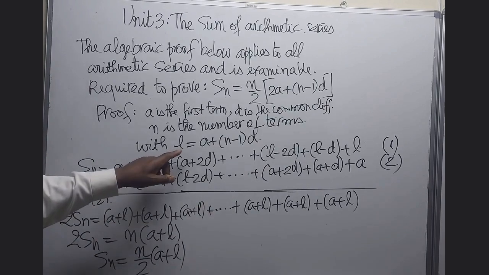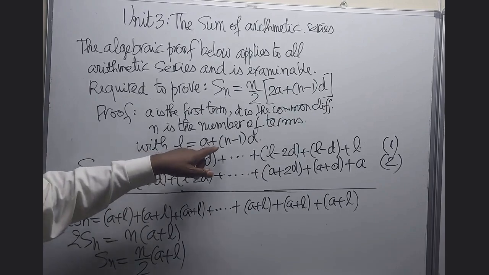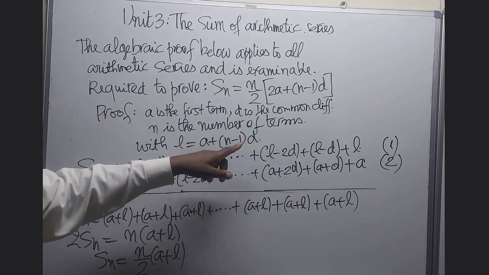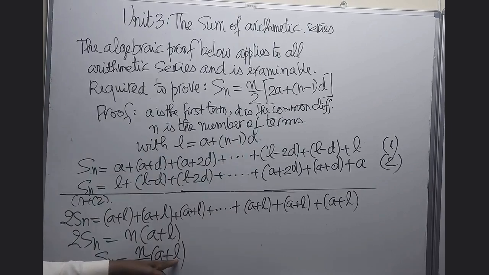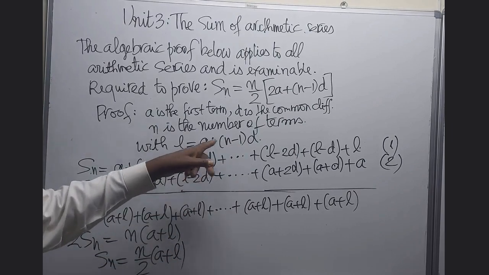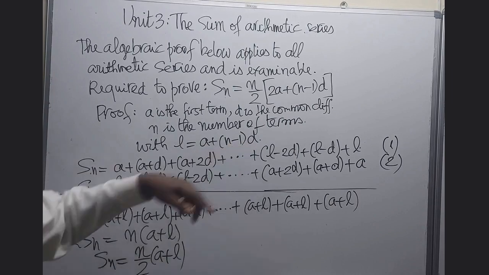Remember, we're having L is equal to a plus n minus 1 times d. We're going to replace here L by a plus n minus 1 times d.